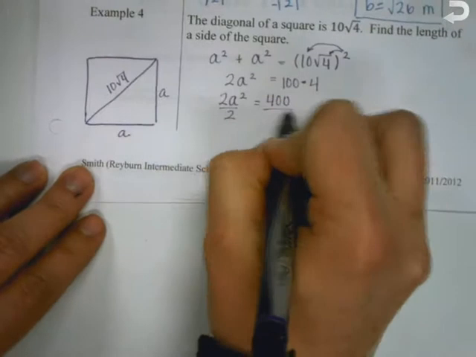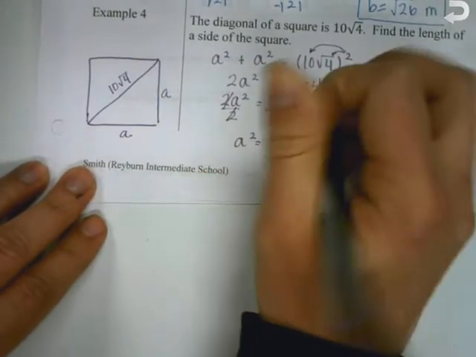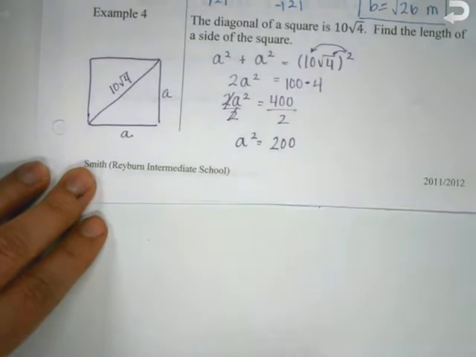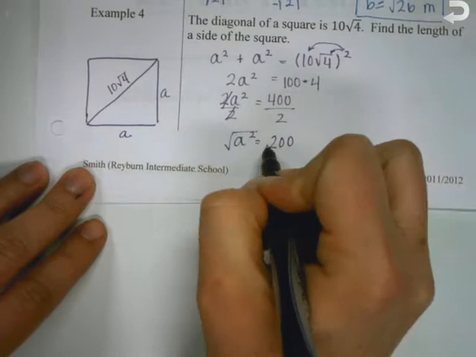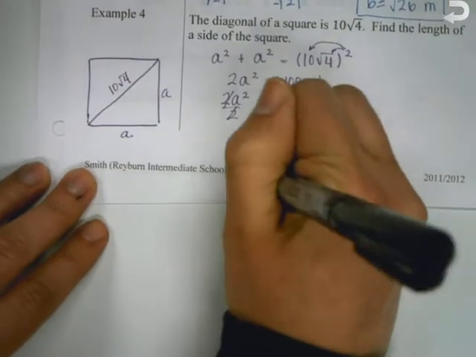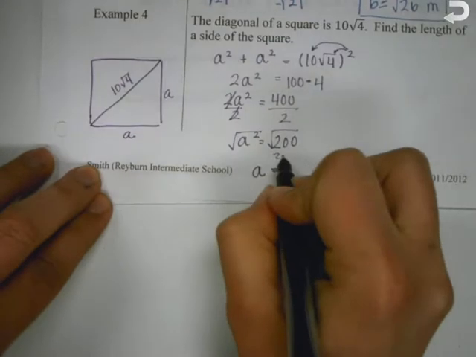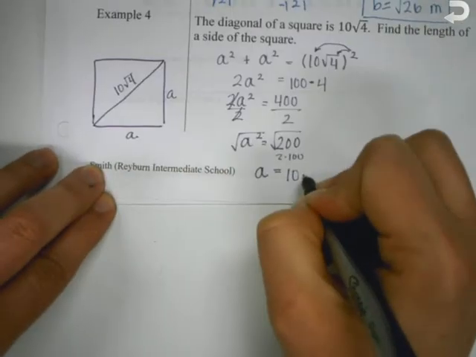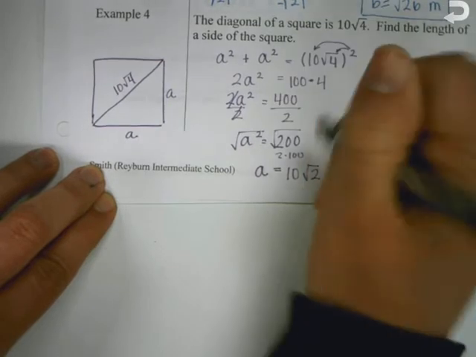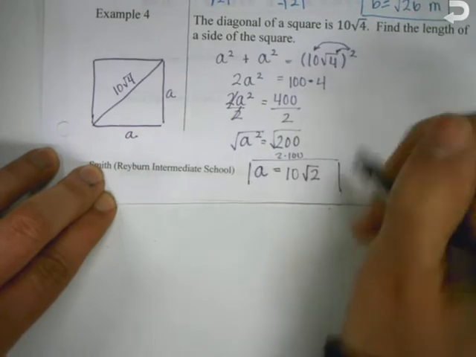So A squared equals 200. And then what? Square root it. Okay, can I break down root 200? Yes, I can. 2 and 100. What's the square root of 100? 10. So my answer is 10 root 2. So be careful if they ever say it's a square. Okay?